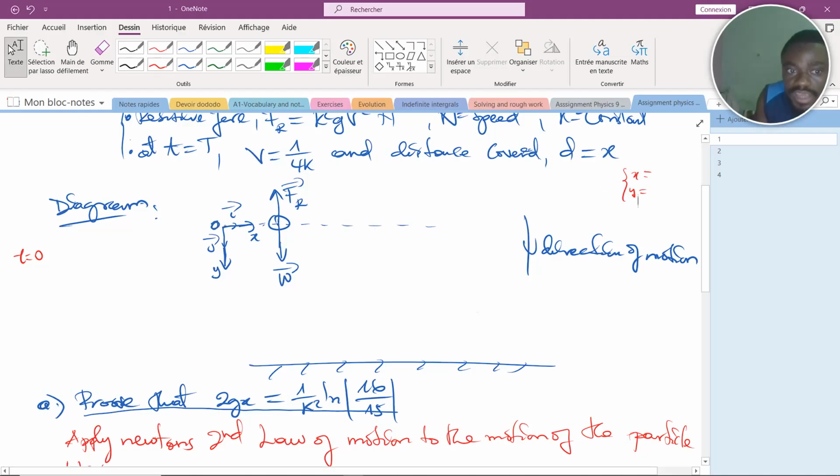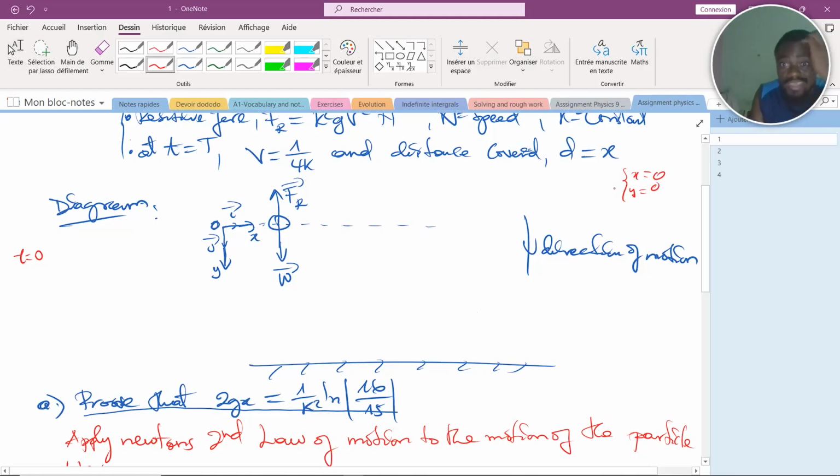Now, if I want to locate its x and y coordinates, what will they be? This is the origin of the space I oriented. It means that at time equals 0, the particle is at the origin. What is the coordinate of the origin? 0, 0. You understand what I'm saying?